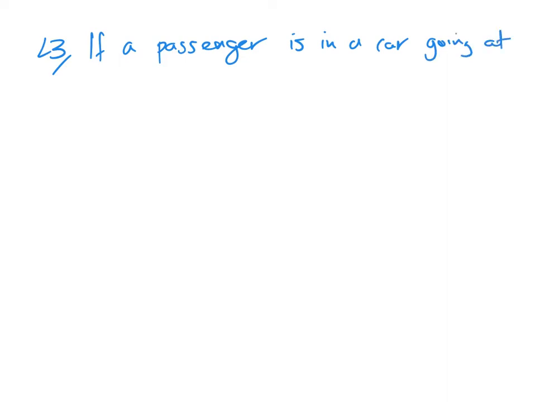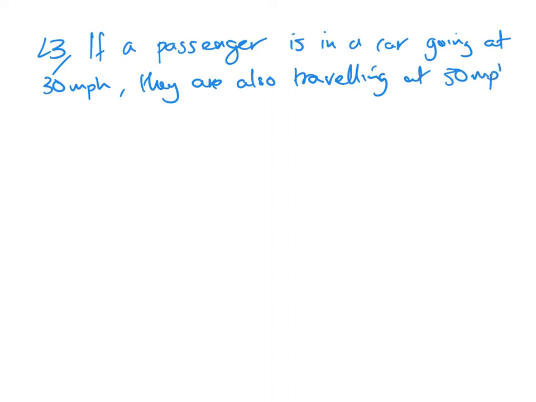Okay, so 23. Now if a passenger is in a car going at 30 miles per hour, so let's just clarify that first point that we made, they are also travelling at 30 miles per hour.